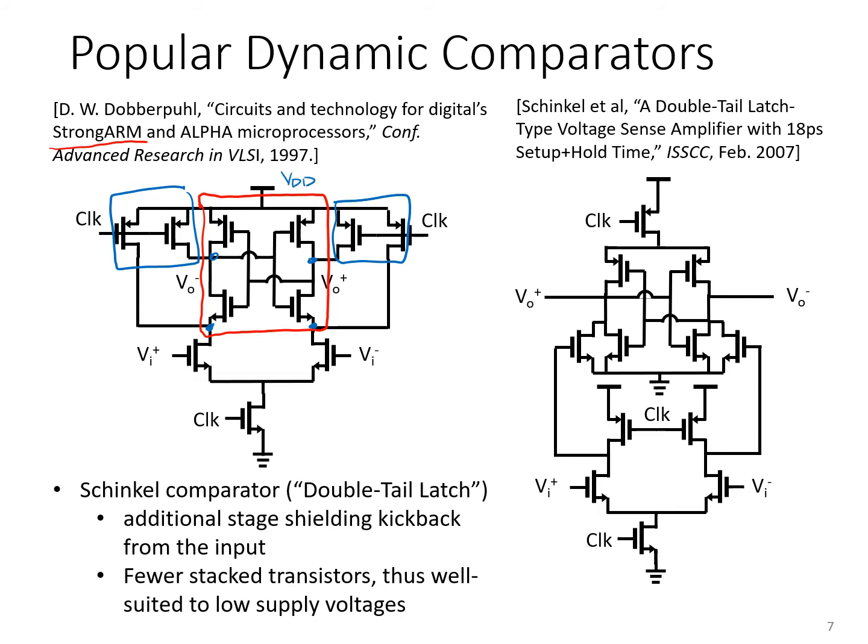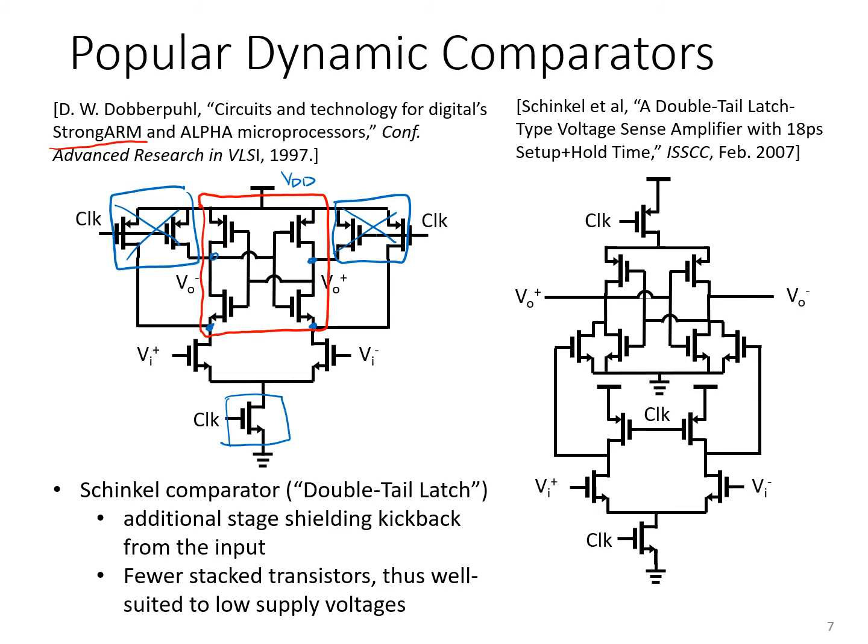Then, when the clock signal goes high, activating the latch, these pull-up transistors are turned off, in a sense releasing the internal nodes of the regenerative comparator, and this bottom transistor here turns on, thereby allowing the differential current provided by the differential input pair driven by VI plus and minus to flow into the output nodes of the comparator.